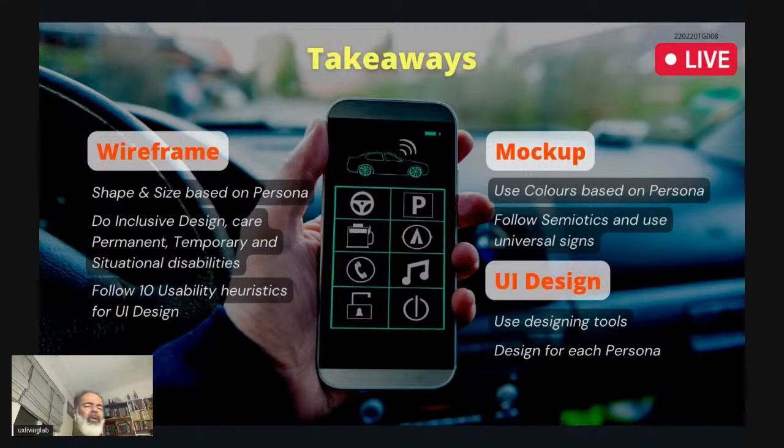You have a lot of tools in front of you, so you can use any tool according to your convenience. It's better to learn almost all the tools, and use whatever you require, depending on the interface you are going to design and your product.